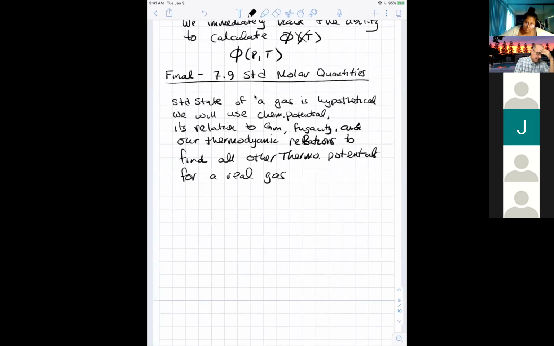All right, so for example, the chemical potential at some pressure is going to be the standard chemical potential using the gas standard state, the hypothetical standard state, plus RT log of the fugacity, which is going to be some function of pressure over the standard pressure.